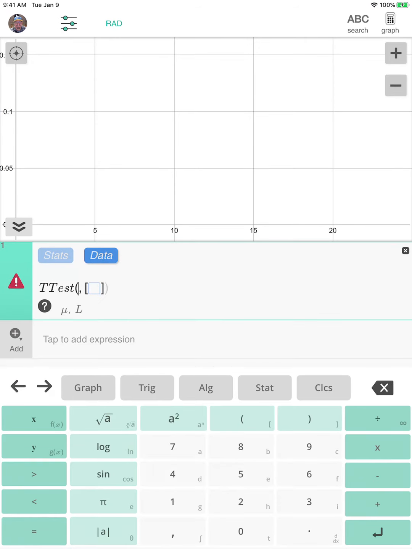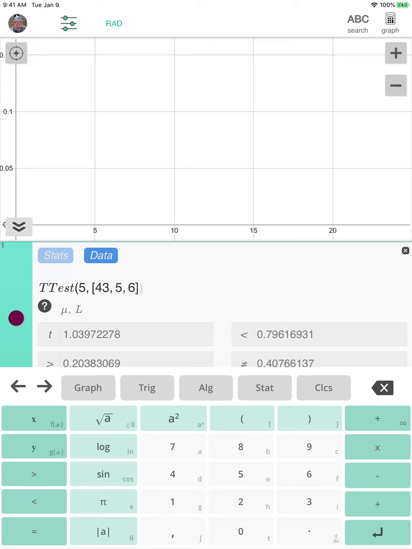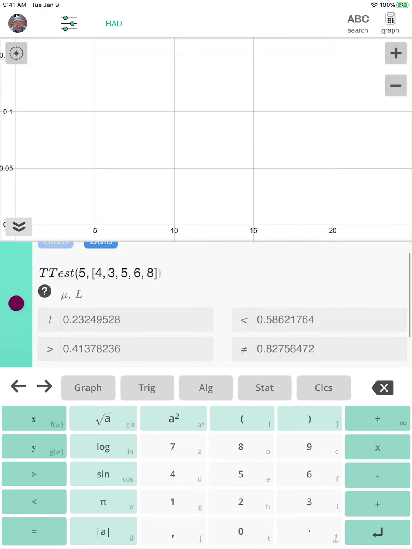And if you want to do that, all you have to do is put in your mean and then list out your data. So like if my mean was 5 and my data was 4 and 3 and 5 and 6 and 8, although that didn't really work. Okay, it'll calculate these values for me just like before. So I could do that in the calculator just like that.